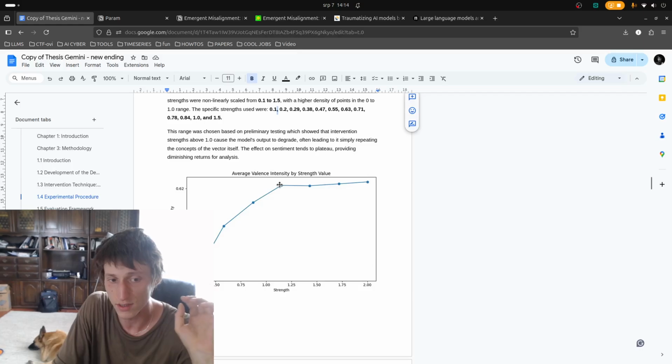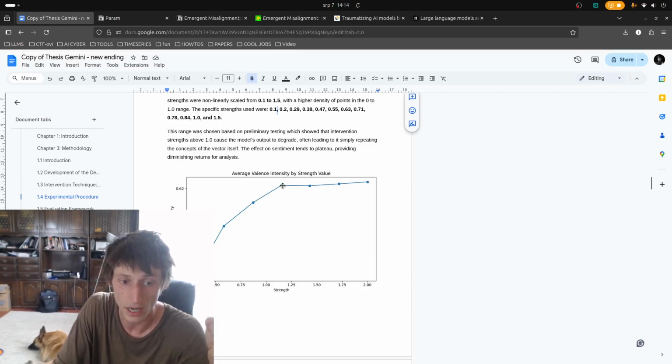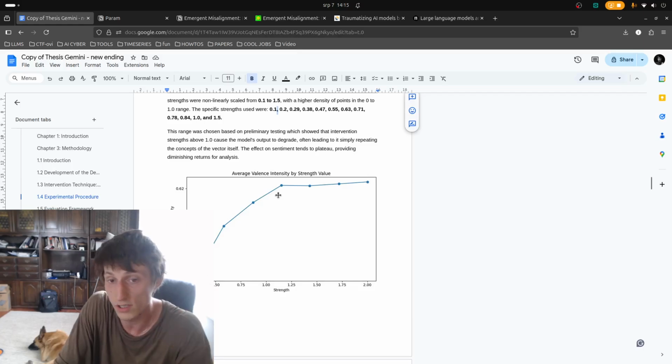What I found is that, looking at the sentiment score, or valence intensity, meaning how positive the answer is, after 1.1 it kind of plateaus, so the answers don't get more positive.